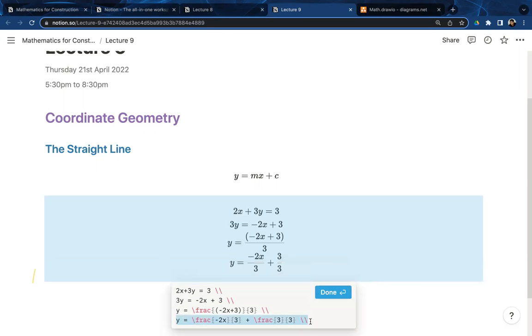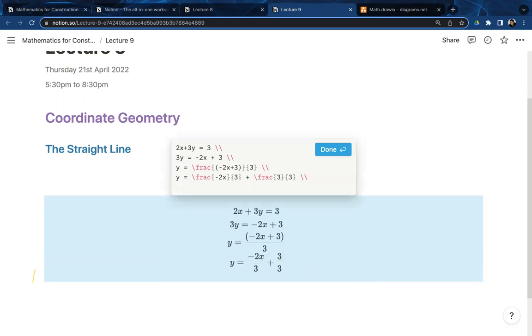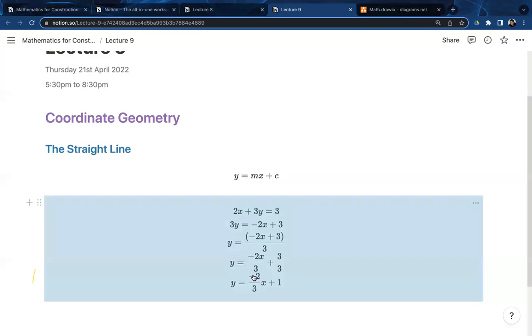And that 3 over 3 is essentially 1. So you can write it like this, y equals negative 2 over 3 x plus 1.